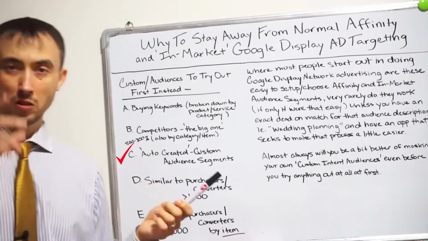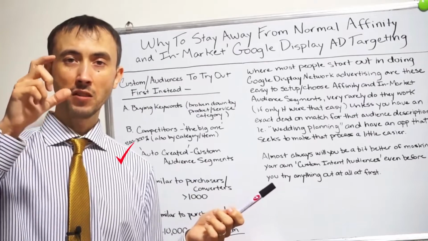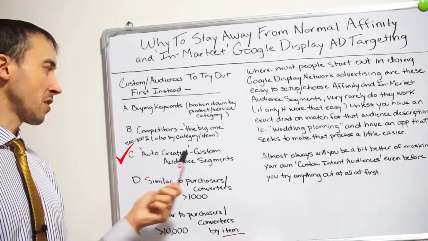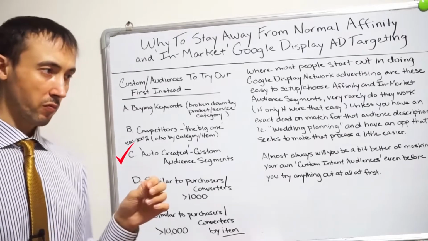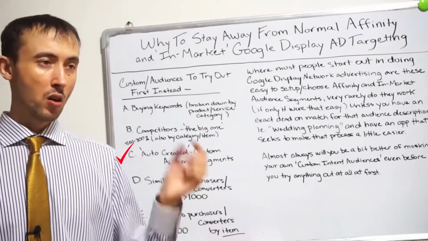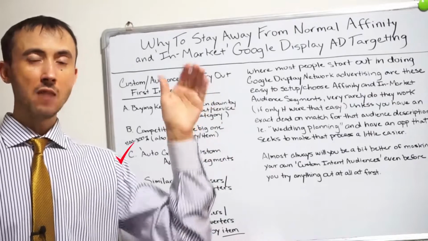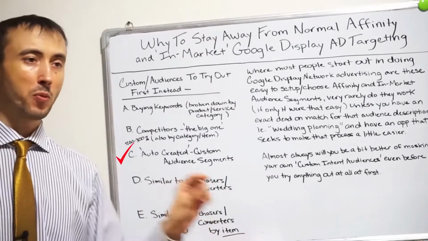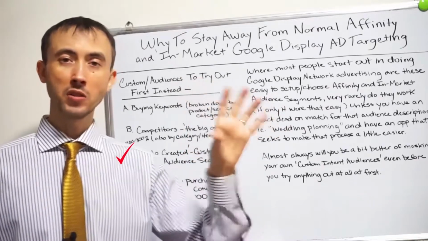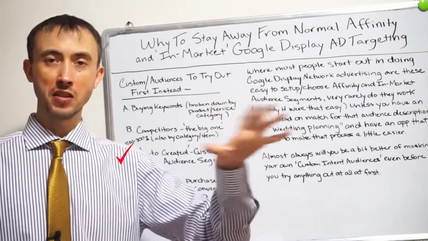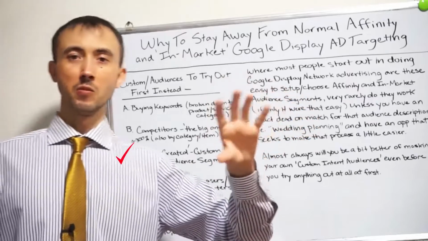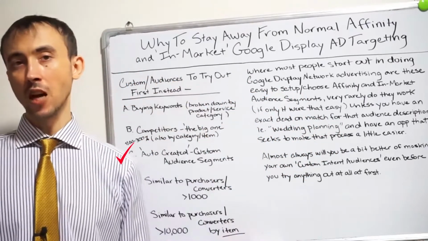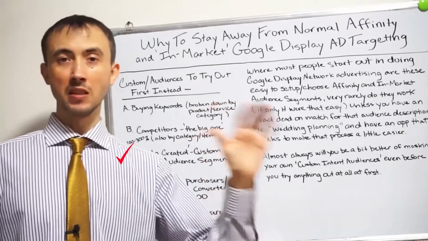Google, through the Google display campaign targeting settings, will auto-populate what they call auto-created custom audience segments that say, we looked at your traffic, we saw that out of the millions of data points that we have on all our Google users, the people who like and are most interested in your products, and will stay around on your site the longest and inherently contact you or whatever, have these 45 traits in common, let's say 70% of the time.